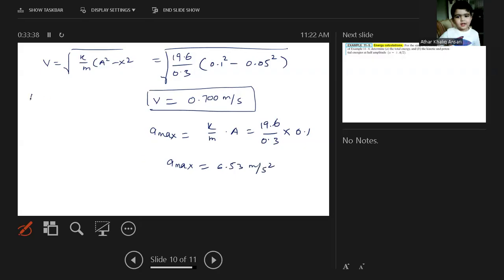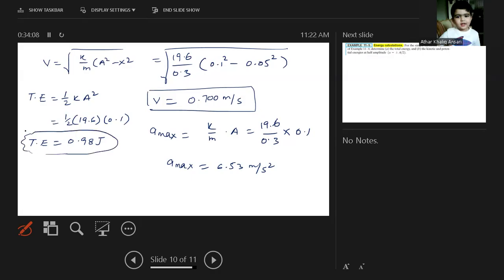If you are asked to find the total energy, it is half K A square. Half into 19.6 into 0.1 squared. So the total energy is 0.98 joules.